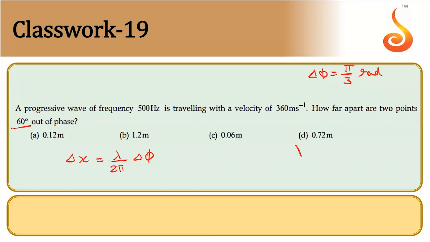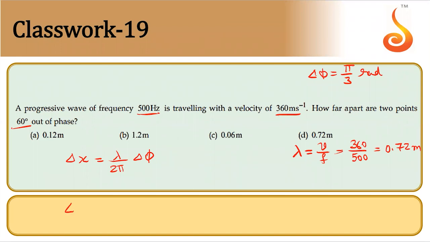We need to find lambda. Lambda is v by f. v is 360, f is 500. So it is 360 by 500. That will be 0.72 meter.